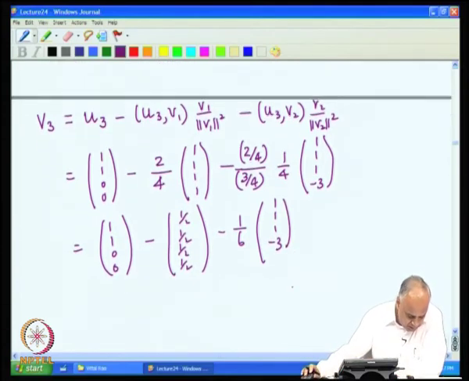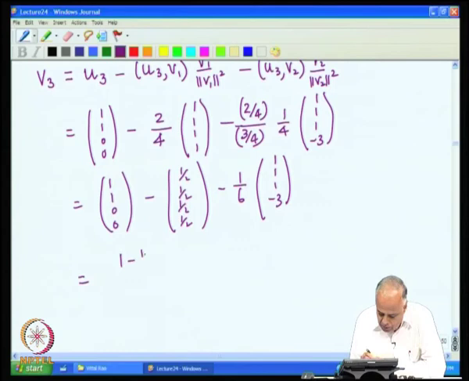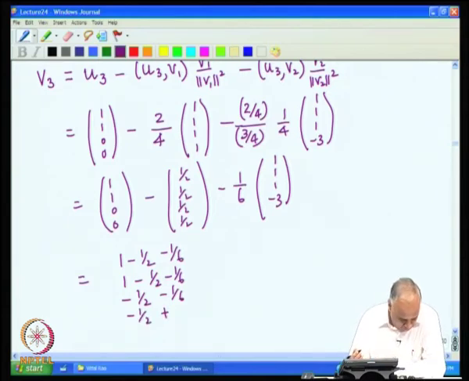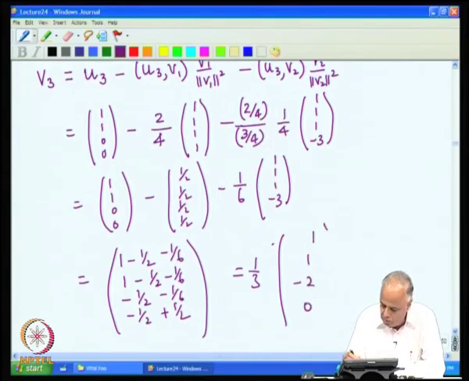When we simplify this, we eventually can write this as 1 minus half minus 1 6, 1 minus half minus 1 6, and then minus half minus 1 6, and then minus half plus 2, minus half plus half, and that simplifies to 1 by 3 into 1 1 minus 2 0.